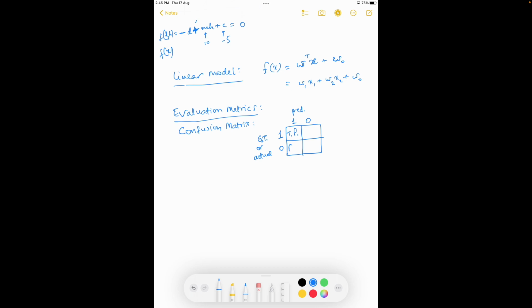Now let's say I gave him a rose, but he said no, it's not a rose. Where will it fall? Here. I said it's actually a rose, but Vineet's model said not a rose.